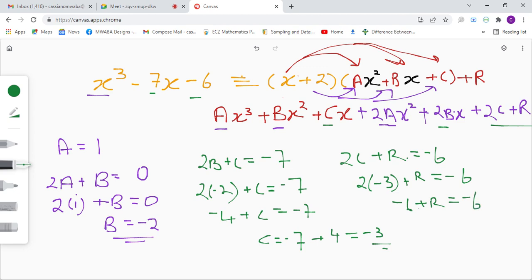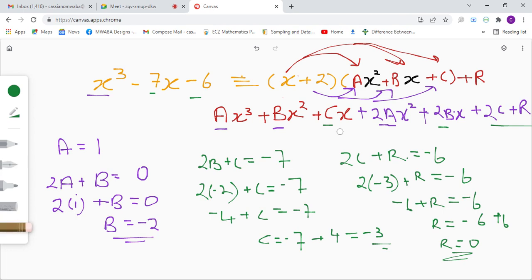We take the -6 over the equal sign, so r equals -6 plus 6, and that gives us 0. So r is 0, and thus we know x plus 2 is a factor of that.